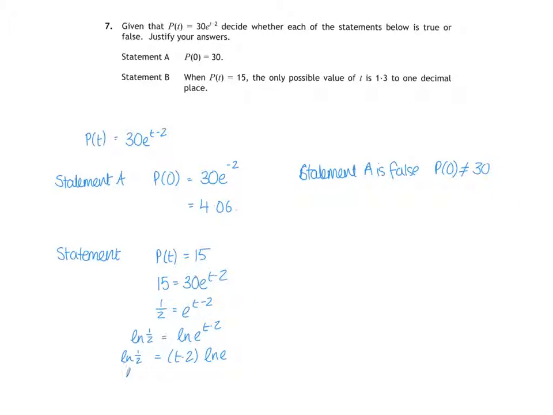So we're going to get log to the base e of a half is equal to t minus 2. So we have t is equal to log of a half plus 2. That's happened in this line here because log, if the base is the same as what you've got here, it just becomes 1. And we get that t is equal to 1.3 to 1 decimal place.